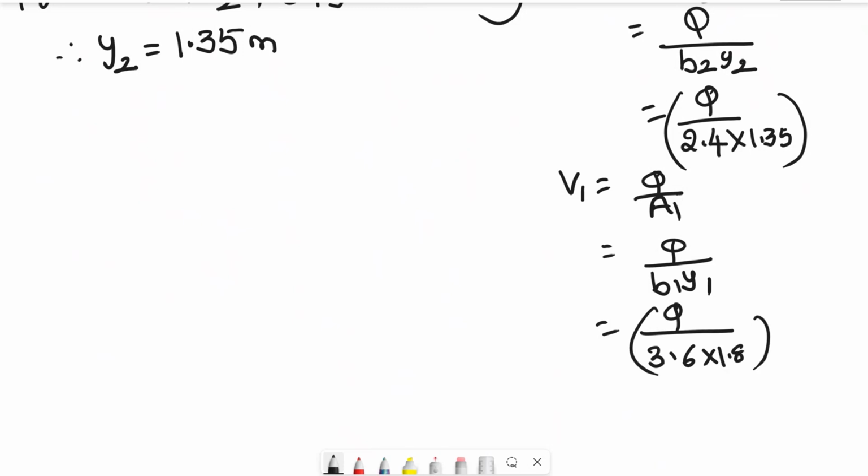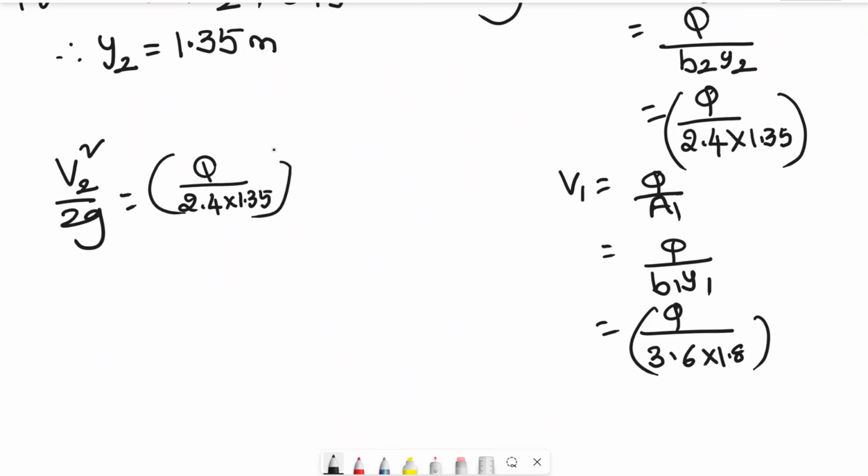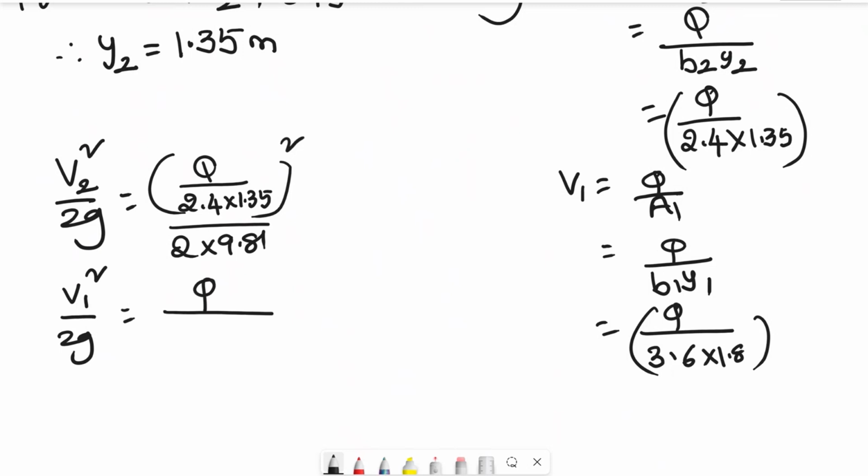Now write v2 squared by 2g is equal to (Q by 2.4 into 1.35) whole square by 2 into 9.81. And v1 squared by 2g is (Q by 3.6 into 1.8) whole square by 2 into 9.81.